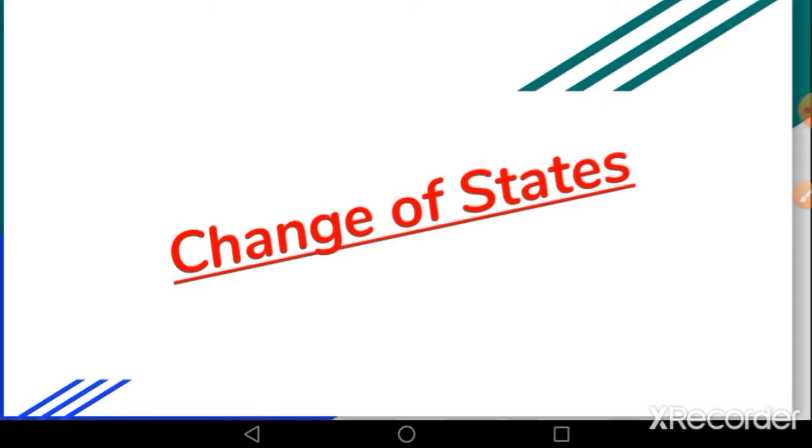But on further heating, water changes into a gas called water vapor. Matter can change its form from one state to another. That is called change of state.